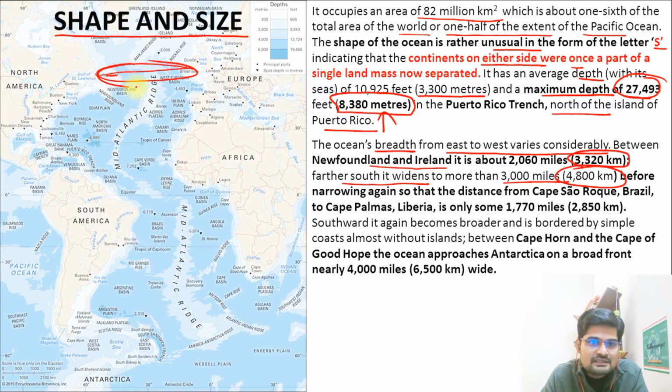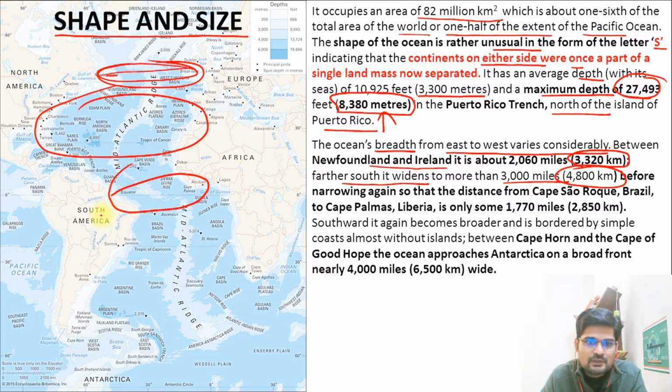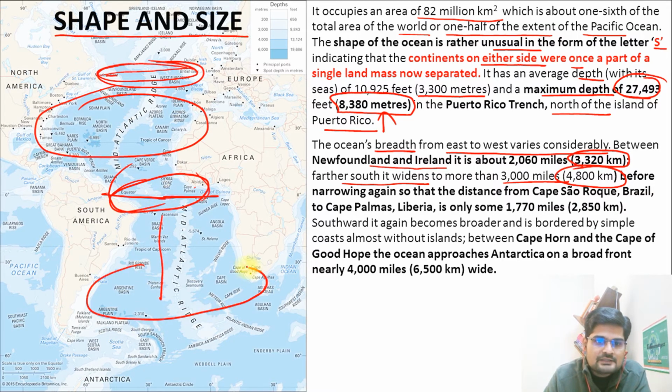So you see, first it is narrow, then it becomes wide, then again it becomes narrow at this particular portion near the equator, and again down south it gets broadened. So this is like a narrow, broad structure.